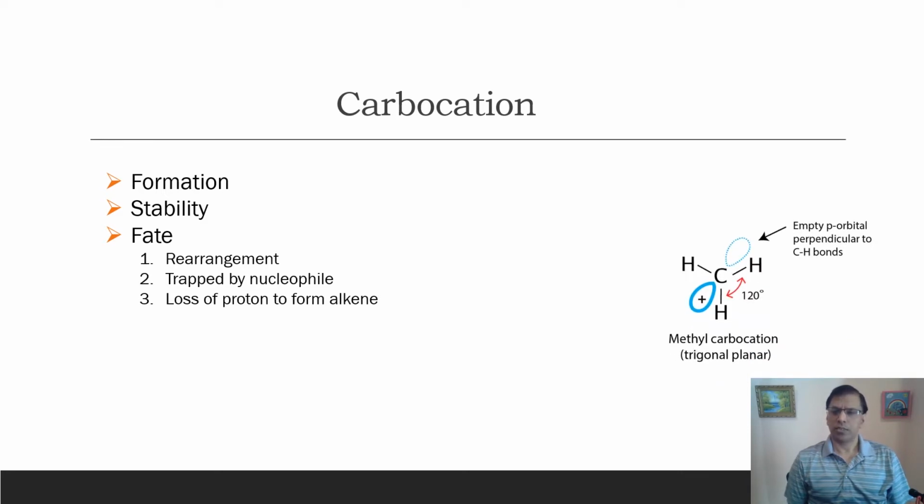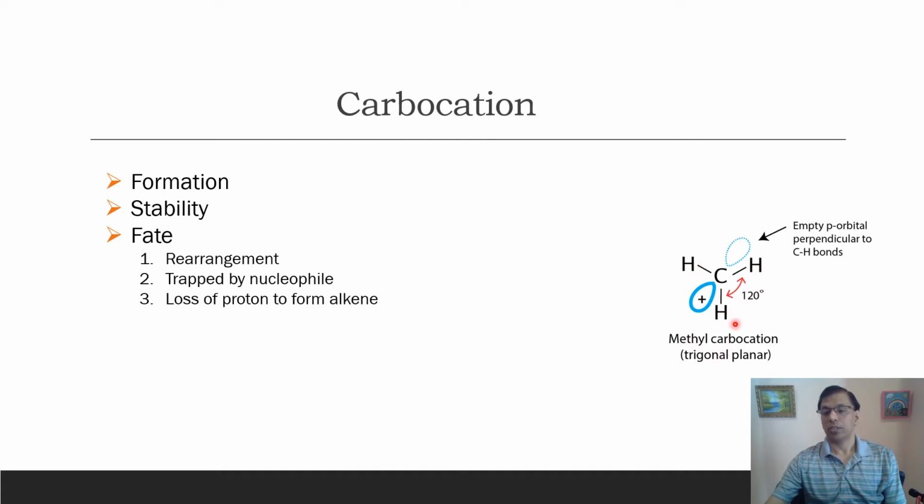So let's take a look at a simple carbocation. This is the methyl carbocation. It has an empty p orbital. This p orbital is perpendicular to the CH bonds.